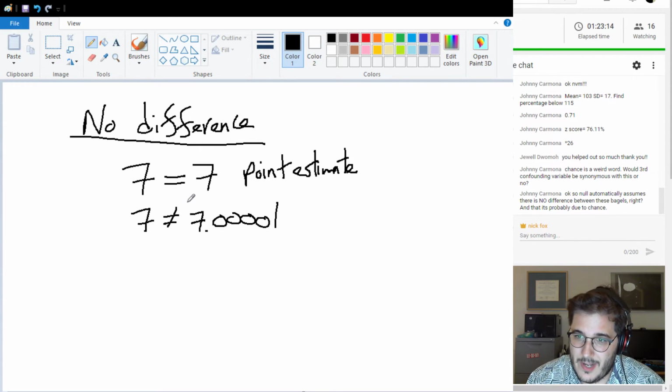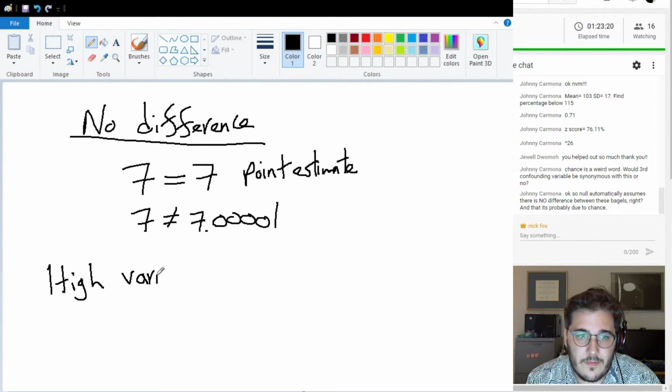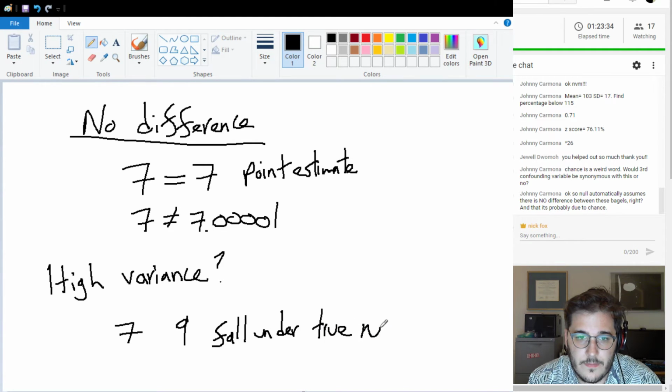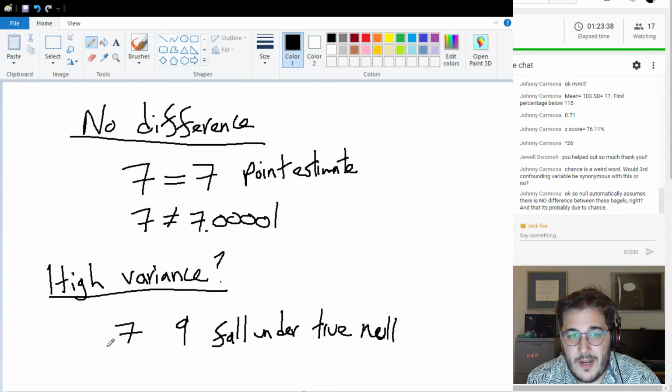If there's a lot of variance, then you would expect that 7 and 9 might both fall under a null. So if you have high variance, you need a very large difference between two groups before you can say that there's a difference. There's a lot of noise, you know?